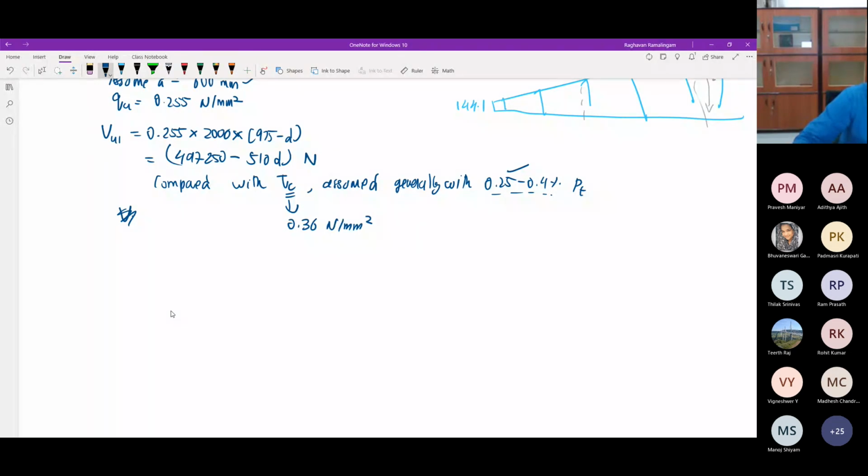So again, VUC is nothing but 0.36, which is tau c, times 2000 times D. This is about 720 D.